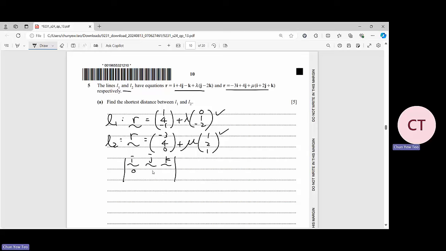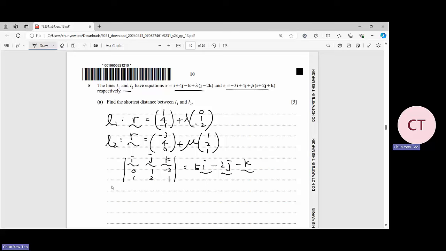So this vector is (0, 1, negative 2) and (1, 2, 1). If you cross product, you will get 1 plus 4, 5i. Then this one is negative 2j. Then this one is negative k. Okay, this is the cross product.